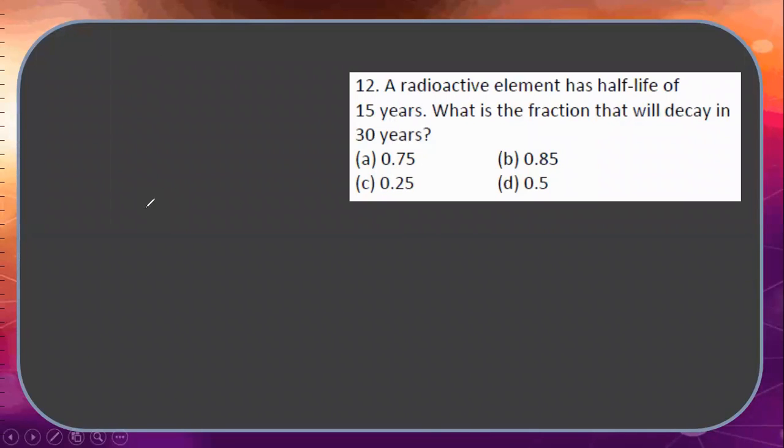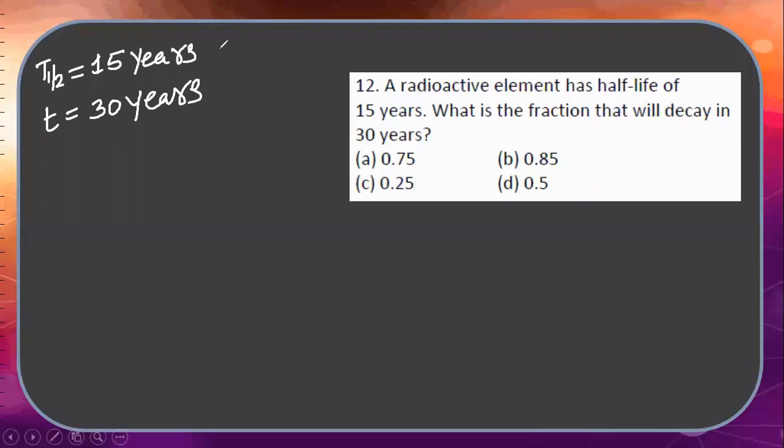A radioactive element has a half-life period. Half-life period is taken as T half is equal to 15 years. The time period is given as 30 years.